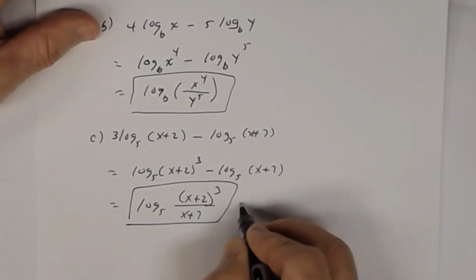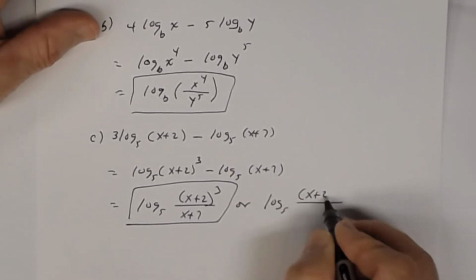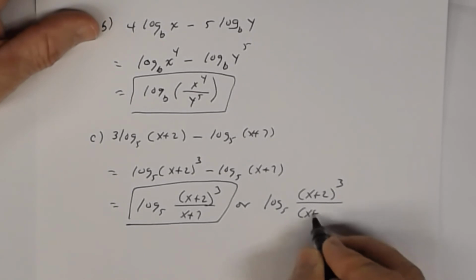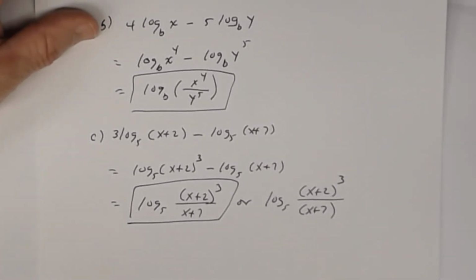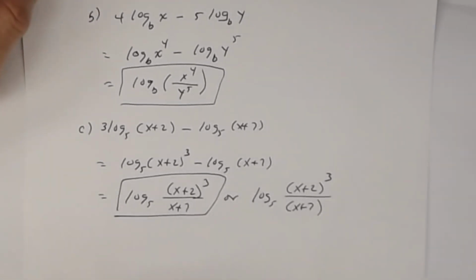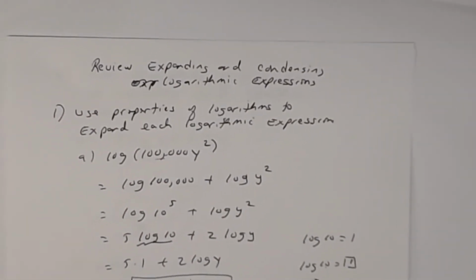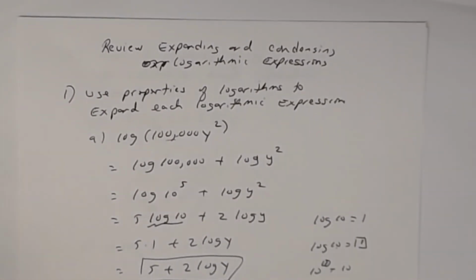Now, if you want to, you can write it the other way, and that's fine. But this is the one that you're probably going to see more often. All right, so that was a review on expanding and condensing log expressions.